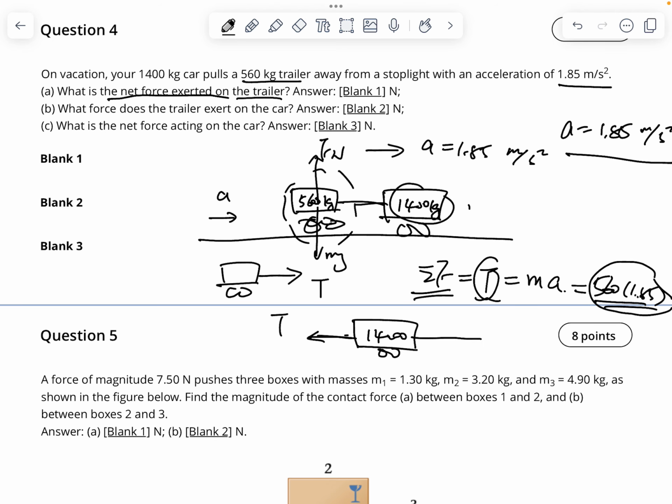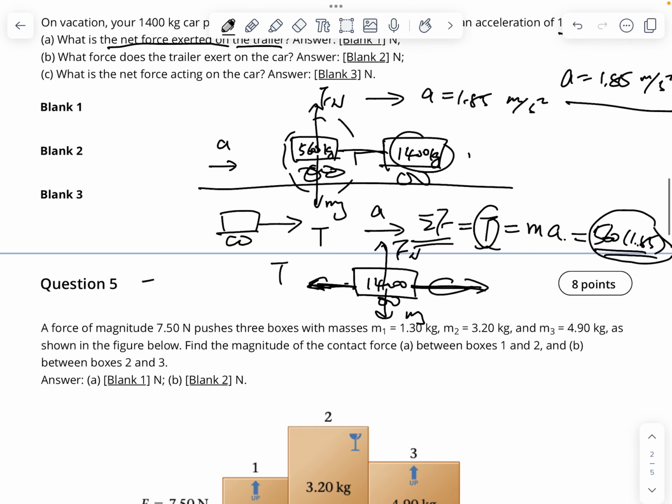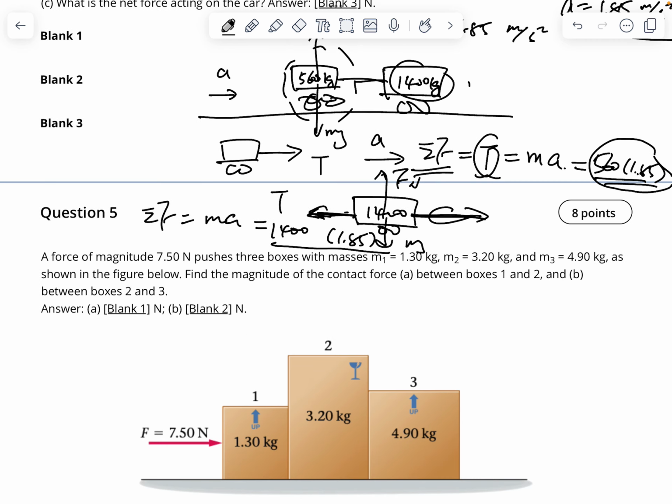The free body diagram on the car has the force from the trailer, then a propelling force that moves the car forward, and then you have mg and the normal force. But you know this car moves with acceleration 1.85 towards the right, so based on Newton's law, net force equals ma. The mass here is 1400, a is 1.85, so this will be the net force on the car. All right, next one.